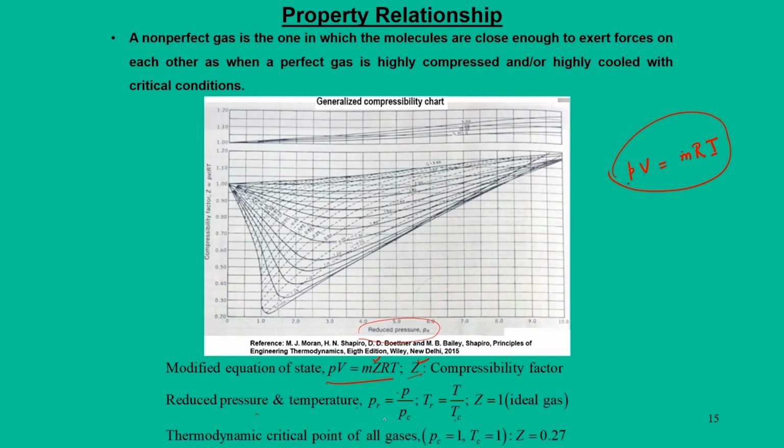When you know Pc and Tc, then we can define Pr. So, what is the significance of these two? If you know Pr and Tr for a given gas, then we can easily use this chart to find the deviation, or compressibility factor, and when you find the compressibility factor, you can see whether the ideal gas assumption is violated or not.